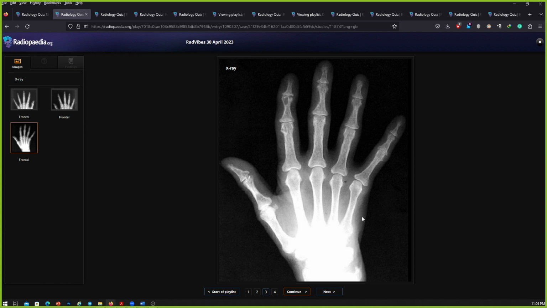There is no soft tissue calcification, no vascular calcification that I can identify to suggest secondary hyperparathyroidism. There is osteopenia, diffuse osteopenia of the bone as well. In my normal practice, I'll compare with the previous images and the history of the patient.